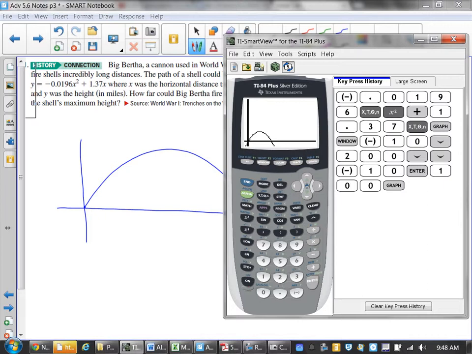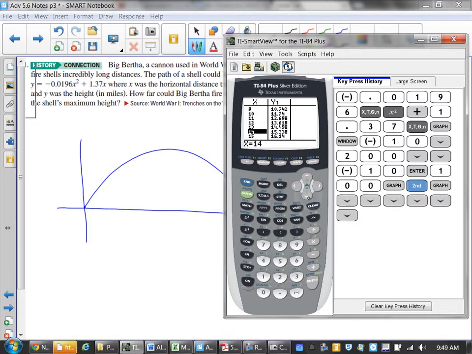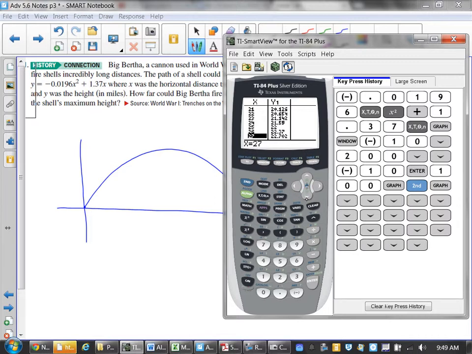Everybody okay with that? Now, what you're looking for is, we know it's going to start at 0 and it's going to cross the x-axis again at 0, right? So if I go to my table, I'll just start scrolling down. I'm scrolling to see if I can figure out where what goes up must come down.